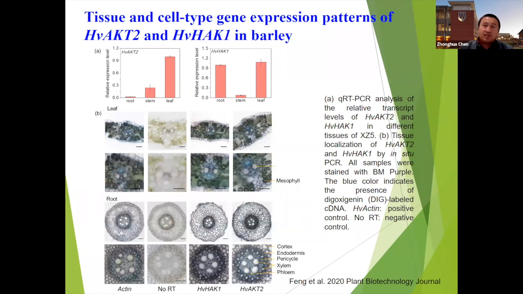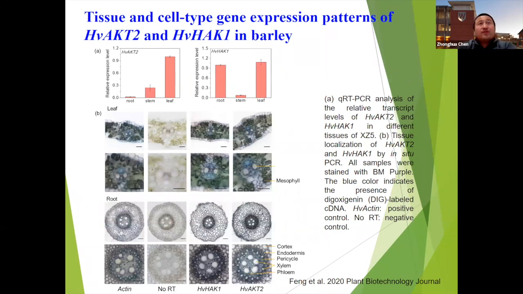Those are the two combined, what we call the protein kinase combination that activates AKT1 channel activity. Without those two, AKT1 is silent. But here we found that AKT2 and HvAKT1 both have a current without kinase activation.